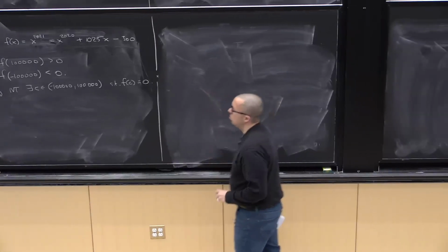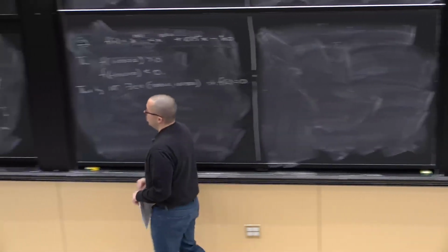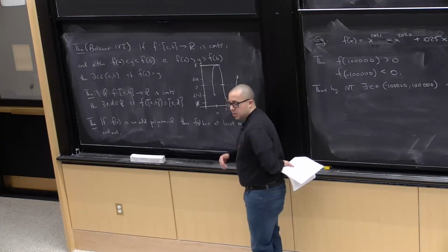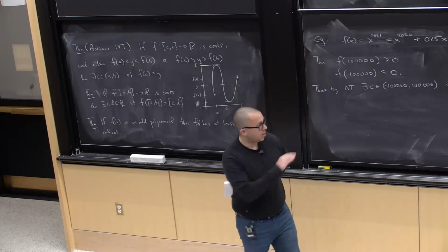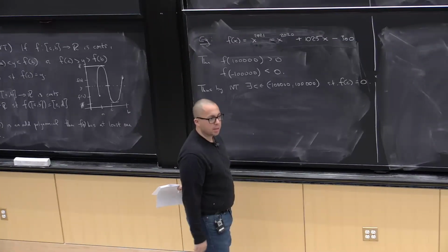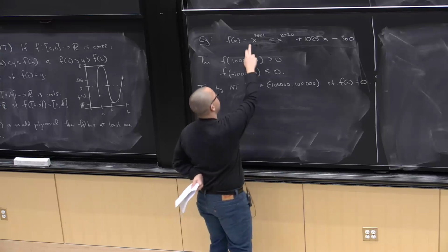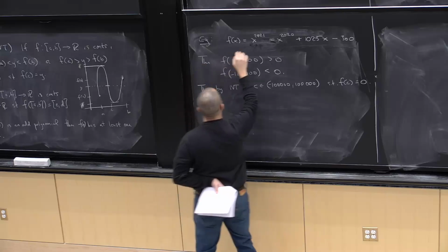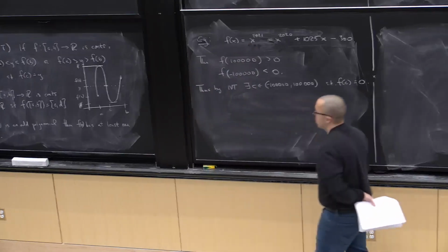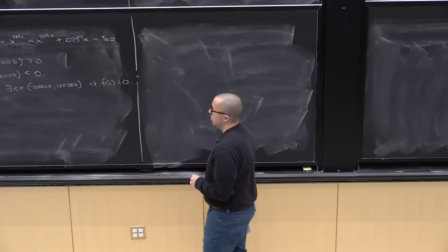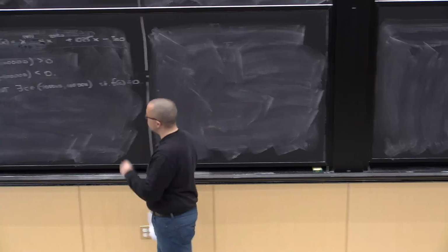But again, you can prove this, and the idea is the same: as long as you go far enough out and positive, then the polynomial will be positive if the coefficient out in front is positive. And if you go far enough out and negative, then you'll get something that's negative. And then you apply the intermediate value theorem to be able to find a root.